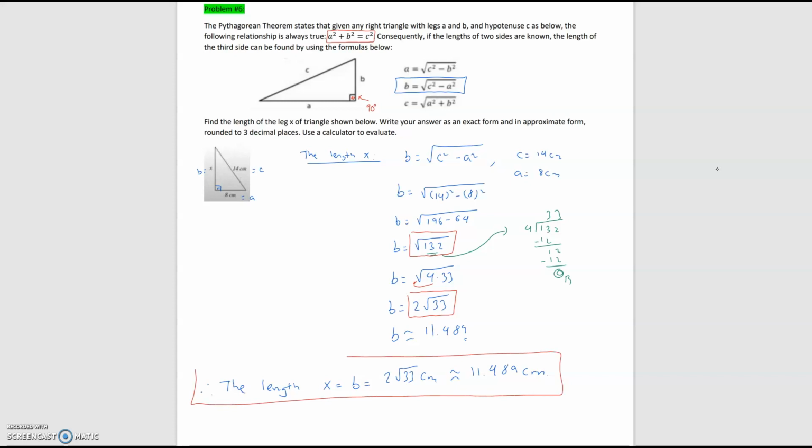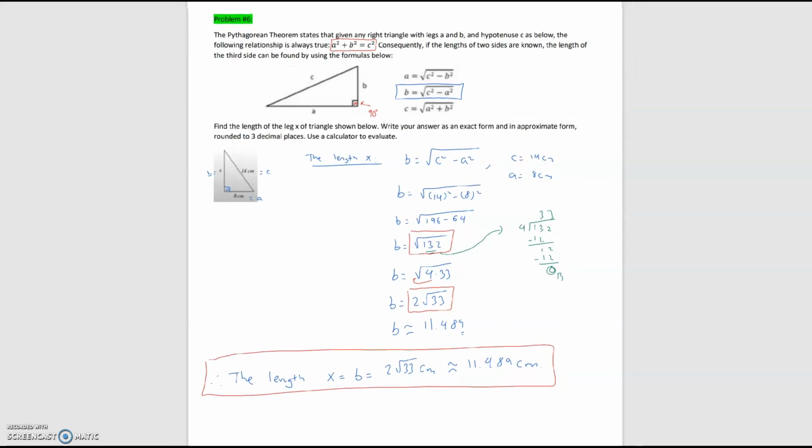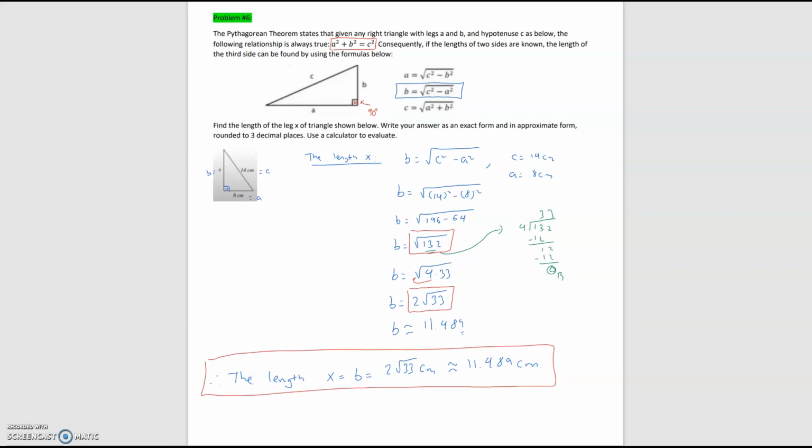And that's actually it for problem 6. There will be another module where we talk about square roots and how to simplify them further. For this one, this is pretty much it. Let's move on to problem 7.